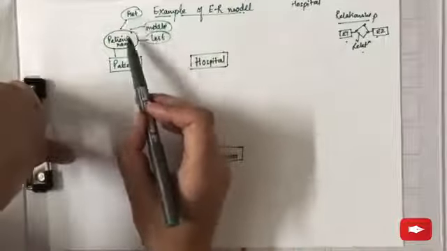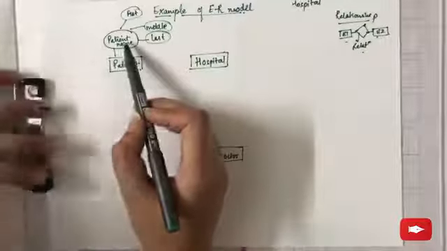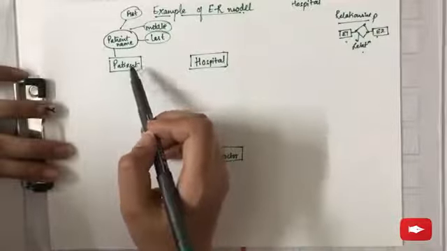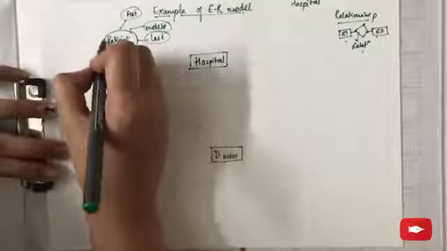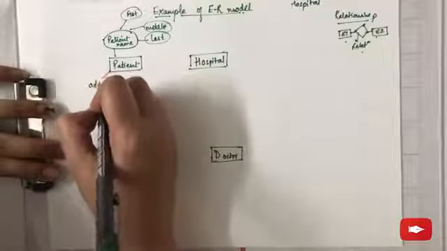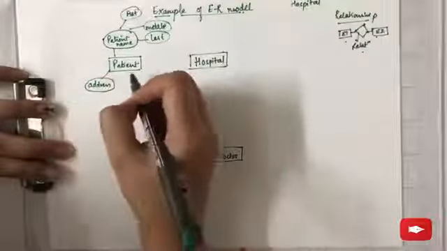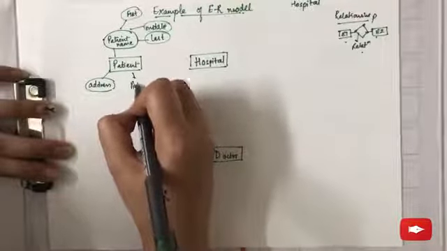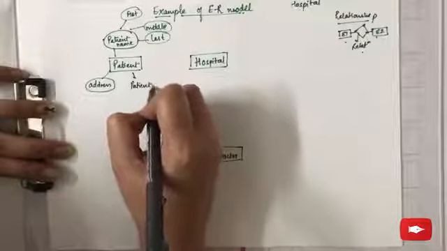The subparts are to be attached with the main attribute. Okay, this patient can also have address and a patient number.